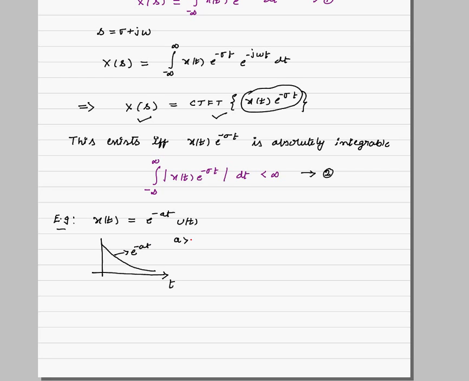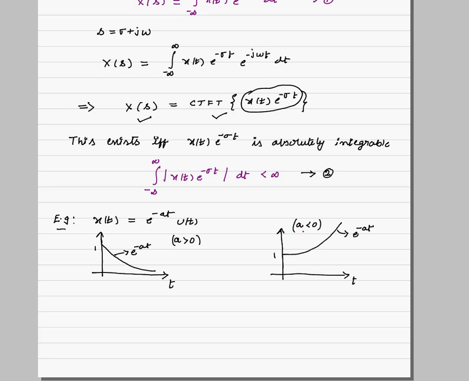Here we assume that a is greater than 0. Similarly, how does the plot look if a is less than 0? It is an exponentially increasing function. This is again e power minus at, but for the case when a is less than 0.